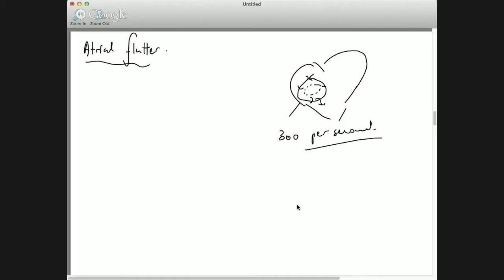So, we know the number of revolutions per second of this particular circuit, which means your ventricular rate is almost always exactly 150, because your AV node usually does what we call a 2-to-1 block.